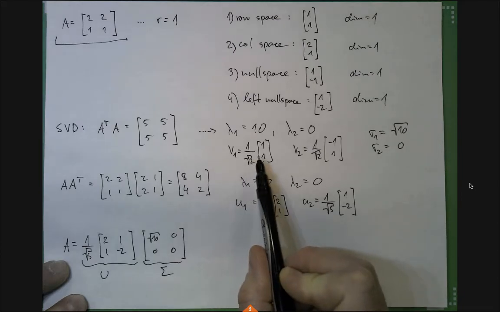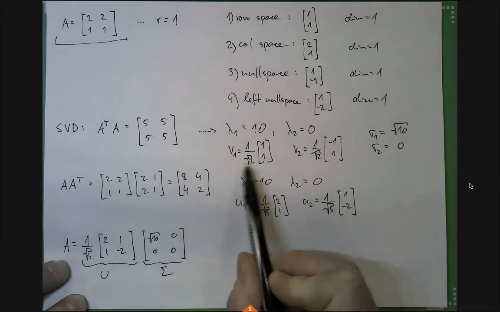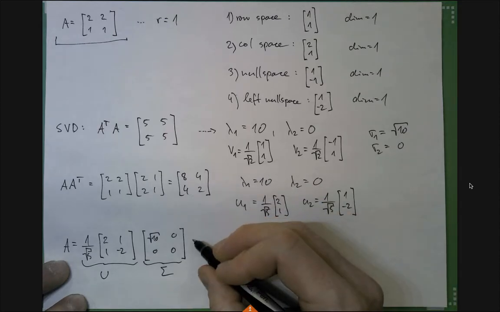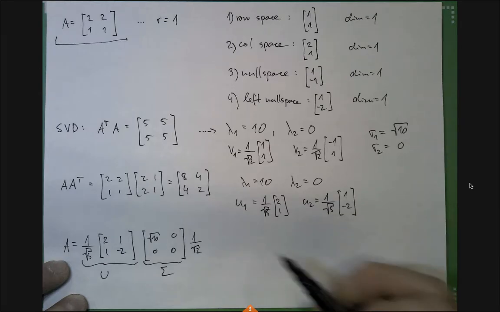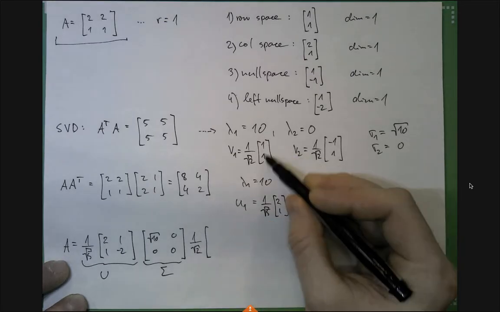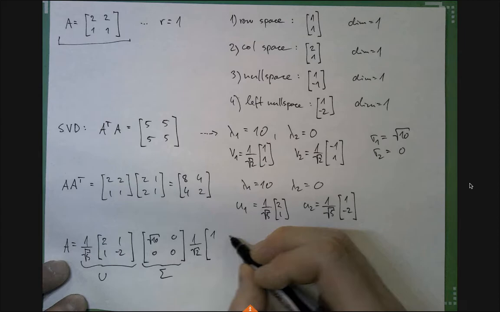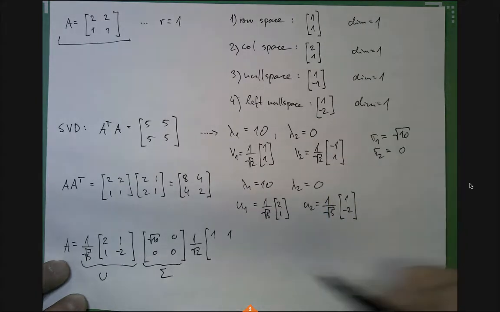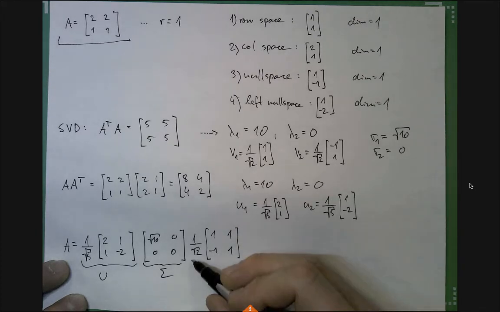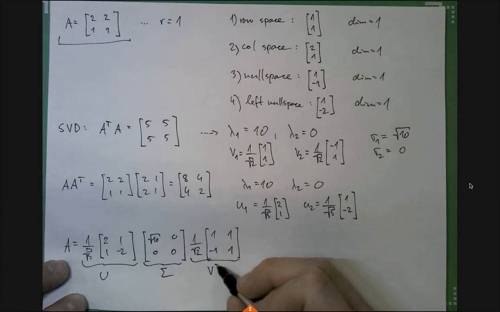V transposed has V1 transposed as the first row. First of all, there's the scale factor 1 over square root of 2. The first row is V1 transposed, that means 1, 1. The second row is V2 transposed, which is minus 1, 1. So this is V transposed.